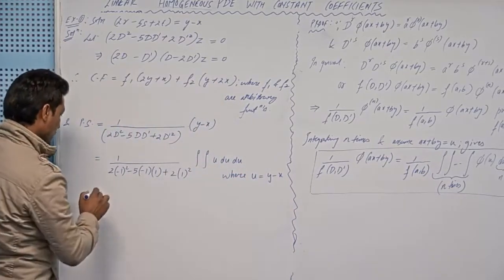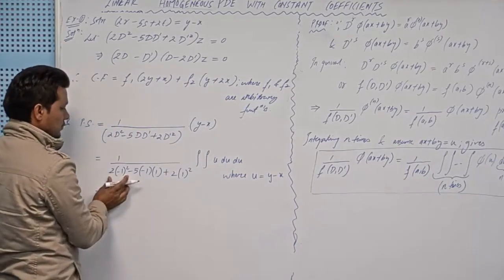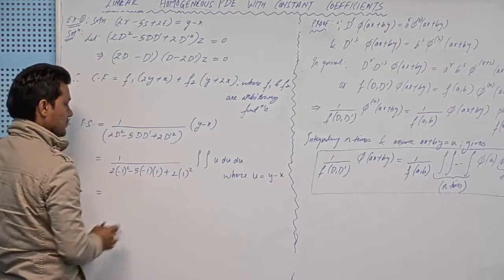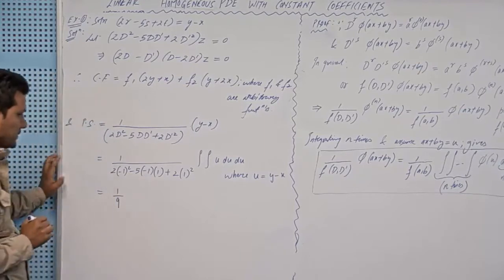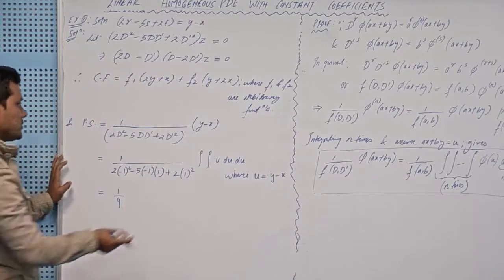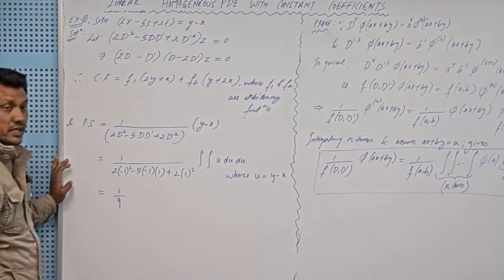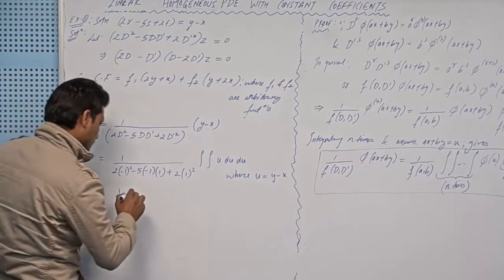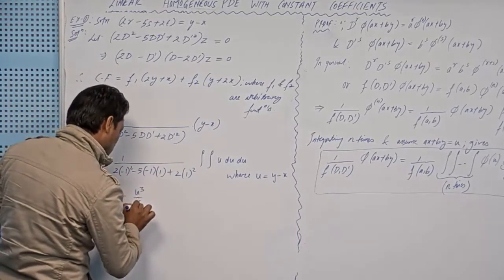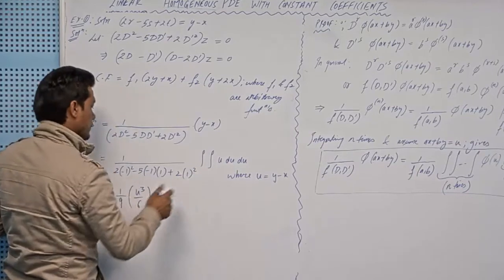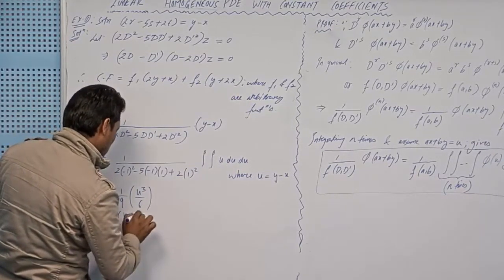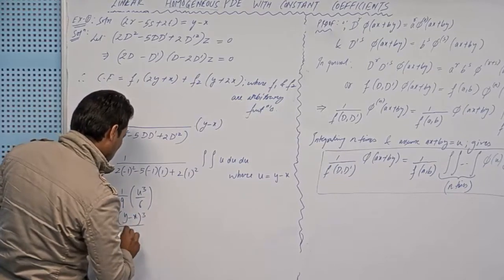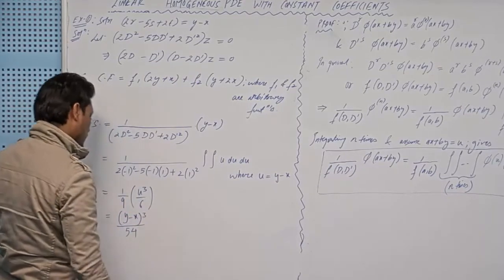Okay, then it will become 2 plus 5 plus 2, 9, 1 by 9, right? And integration of this twice will be u square by 2 and u cube by 6, and putting this value of u I will get y minus x whole to the power 3 upon 54.